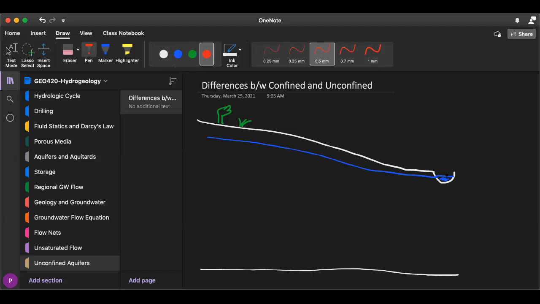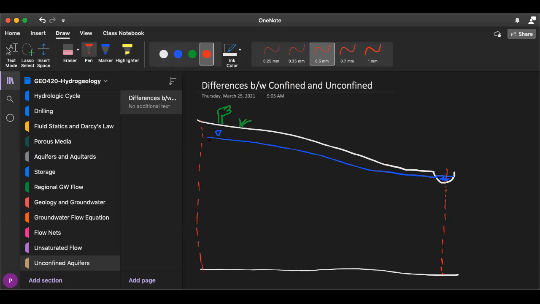And there's a groundwater divide here at the middle of the river. And there's another groundwater divide here. Let's say this is the ridge top.